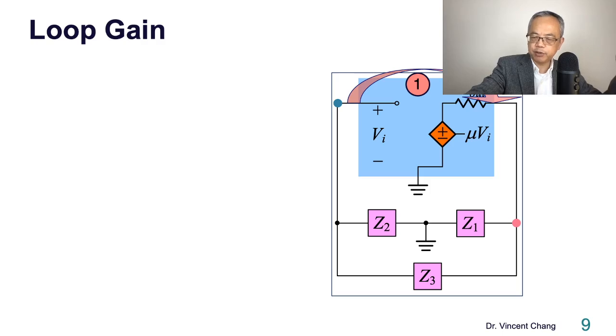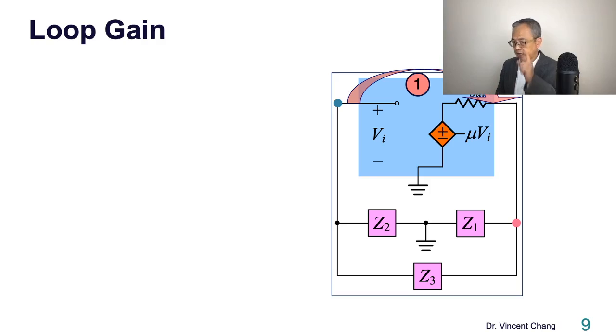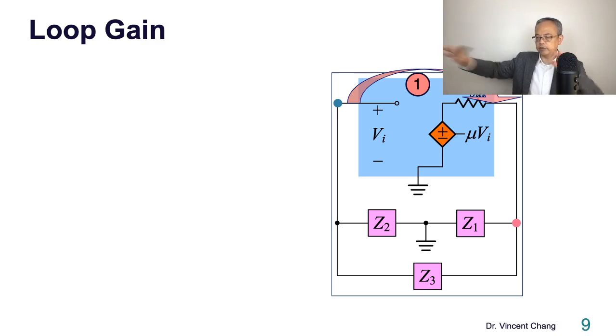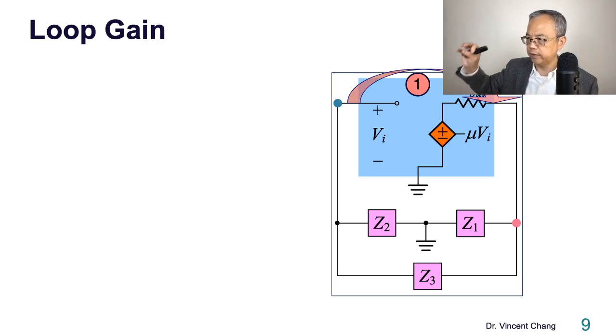This symbol represents the pink voltage divided by the aqua voltage, which equals factor 1. So what is factor 1? Factor 1 should be negative mu times a fraction. You can write this down in your notes. The first item in the denominator is Rout. The second item is the total impedance between the pink and the ground.